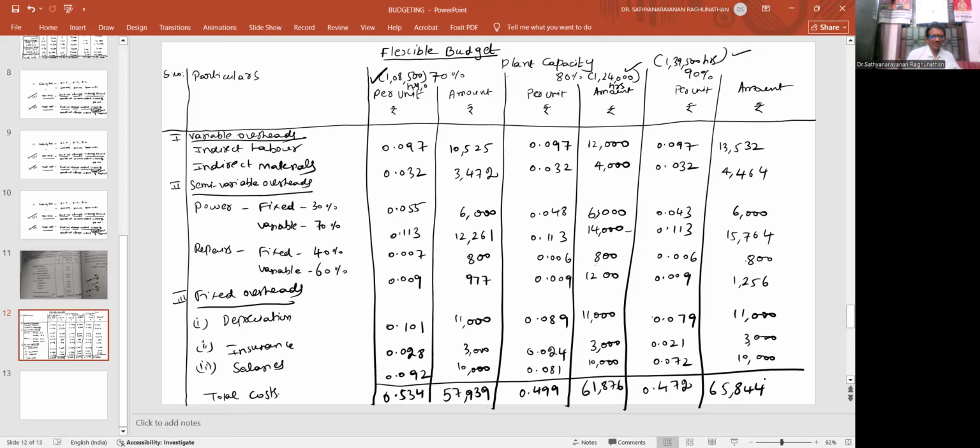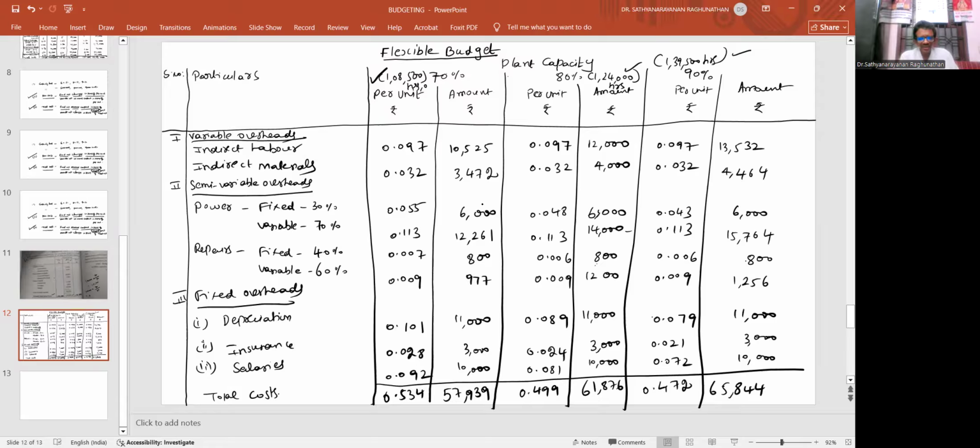Okay. Now, as far as flexible budget is concerned, it's very easy only. See, two things that you have to take into the consideration. You see the problem. Indirect labor comes under the variable. Semi-variable overhead.